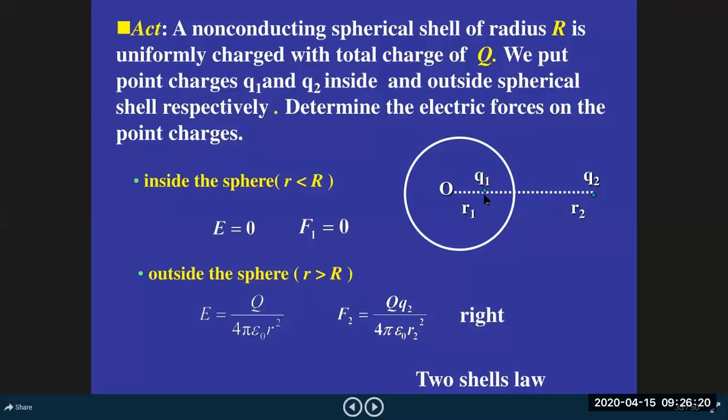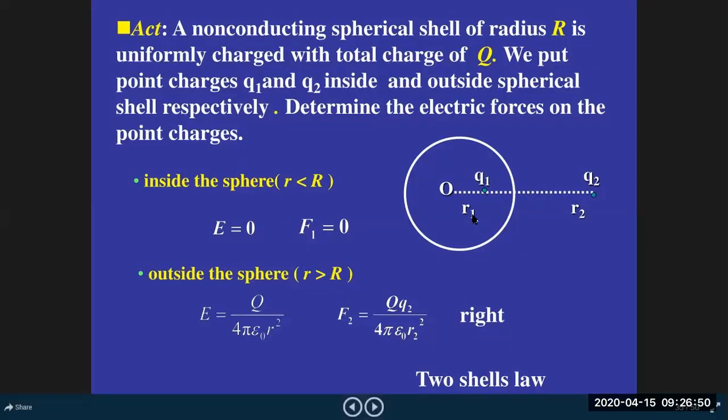Will this point charge Q1 experience electrical force? Will this charge Q1 experience any force when placed inside the shell? What would be the answer? Of course, the answer will be 0. Why?